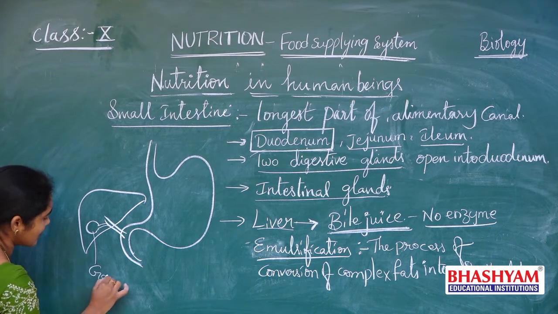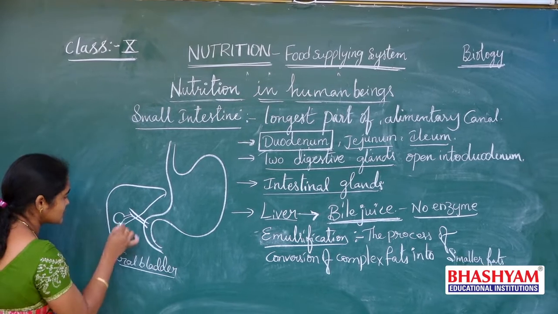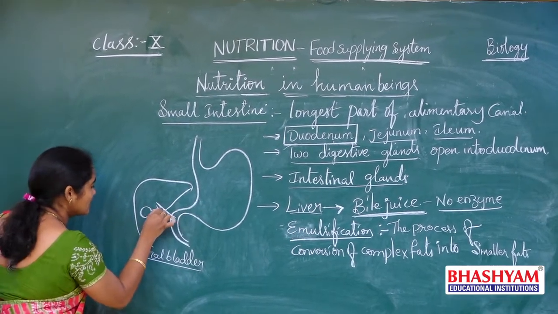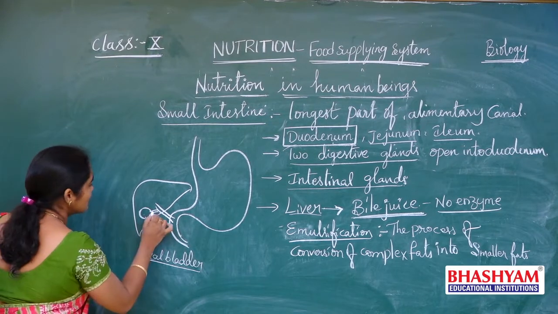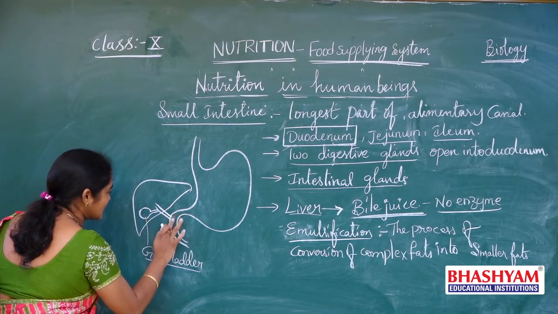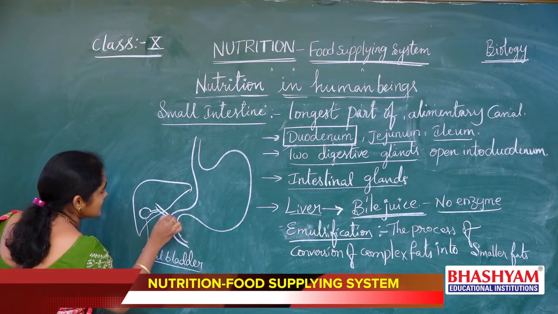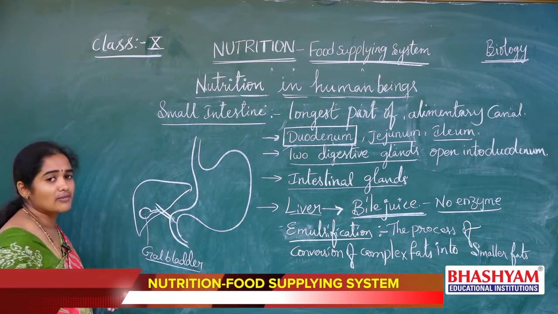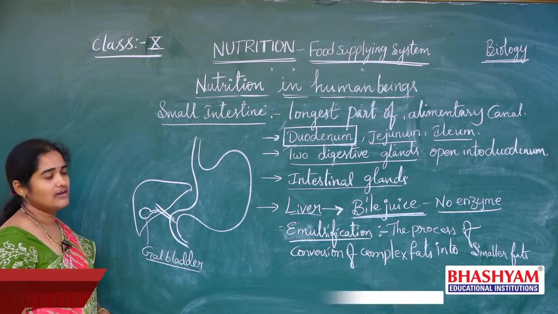This is called the gallbladder. The gallbladder is a structure where the bile juice is stored. Whenever we take fat in our diet, the gallbladder releases the bile juice, and then fat emulsification will occur.